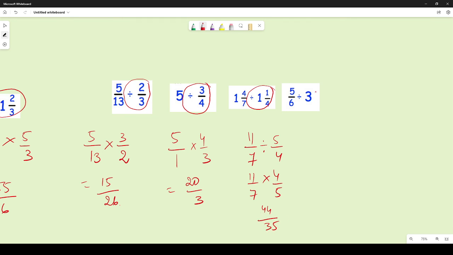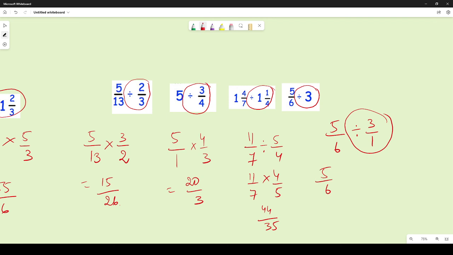Now what about this? This is the number which is carrying the division sign. So what do we do over here? 5 by 6 divided by 3 by 1. Remember, I told you that with a whole number you can always put a 1 in the denominator. Now this is what needs to go into reciprocal.